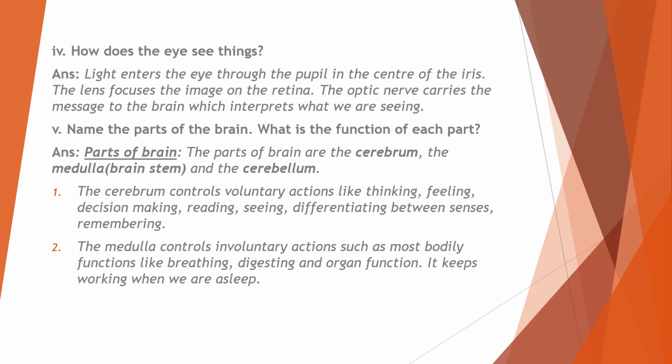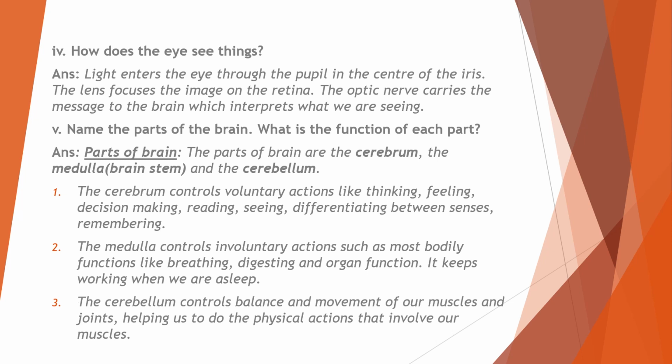It keeps working when we are asleep. Now tell the third part of the brain, what is the function of the third part. The cerebellum controls balance and movement of our muscles and joints, helping us to do the physical actions that involve our muscles.